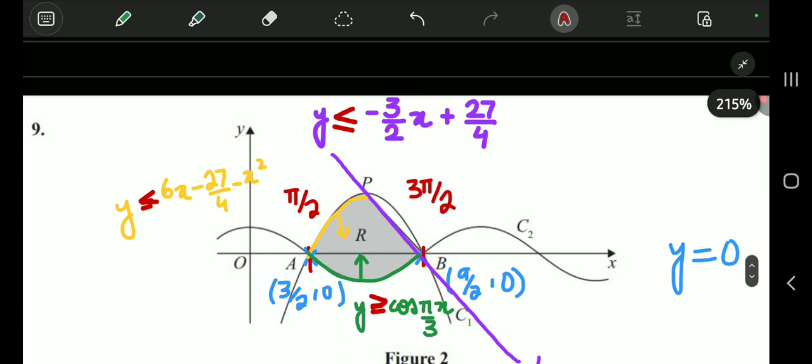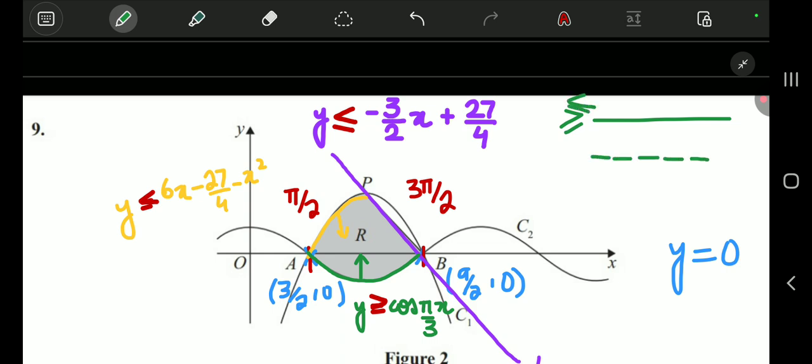As the lines are solid, I am specifying greater than or equal to, but in these questions, if you just specify y is less than or y is greater than, that would be enough. But we know that if you have a solid line, then it would be greater than or equal to or less than or equal to, but if it is a dotted line, then it should be greater than or less than.